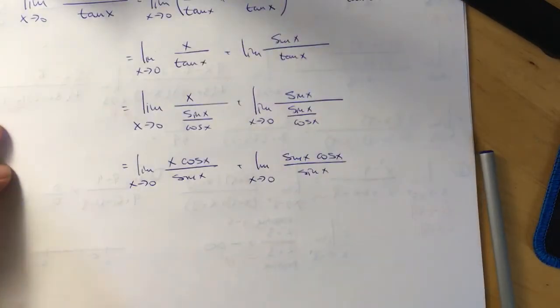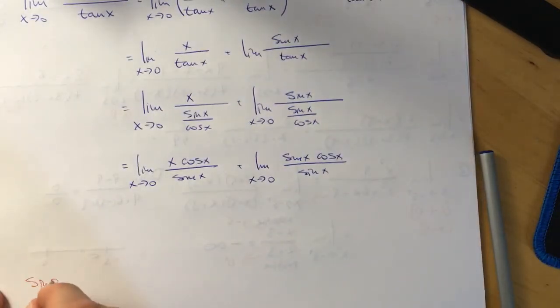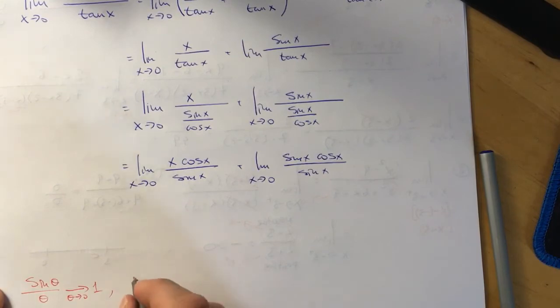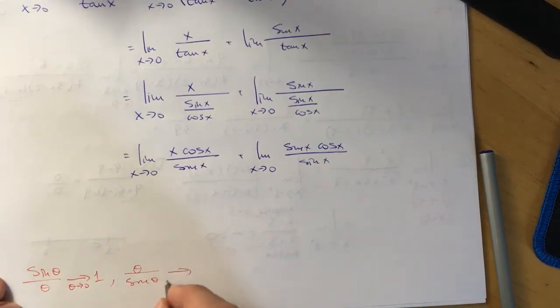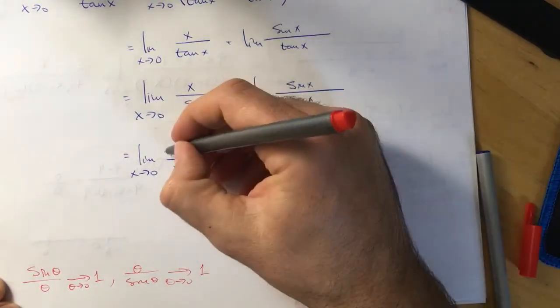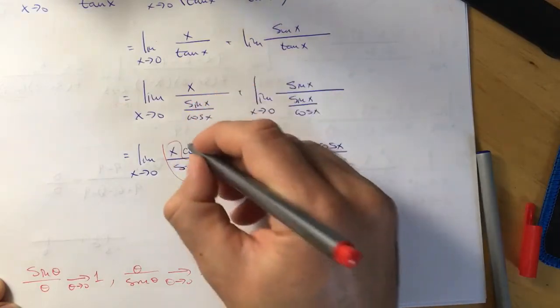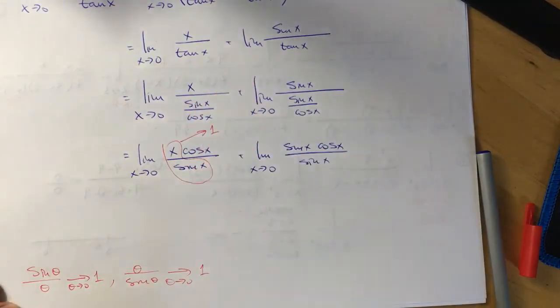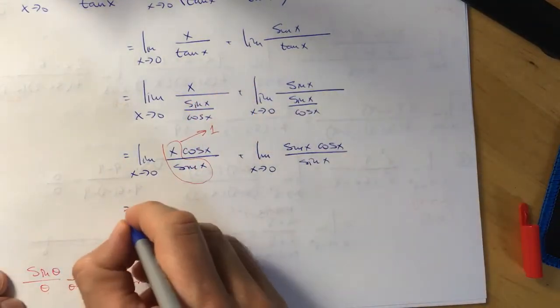We know that sine of theta over theta as theta goes to 0 approaches 1, but also theta over sine of theta as theta goes to 0, this ratio approaches 1. So x over sine of x as x goes to 0, this ratio approaches 1.